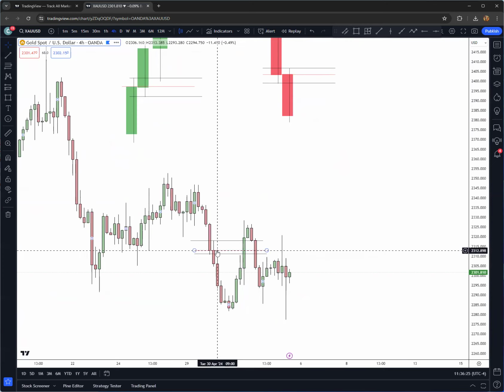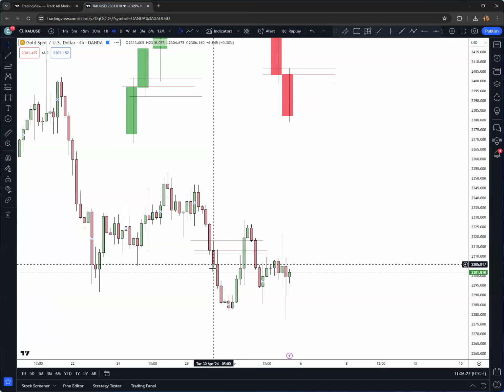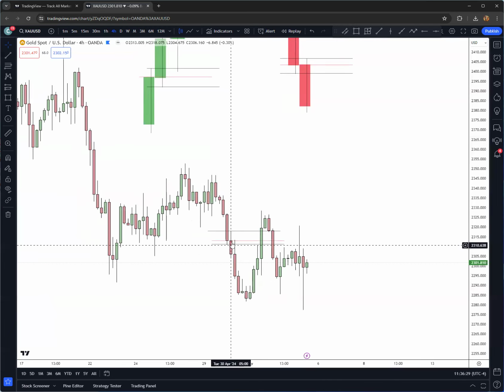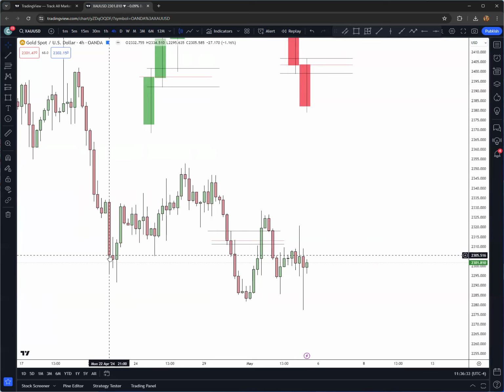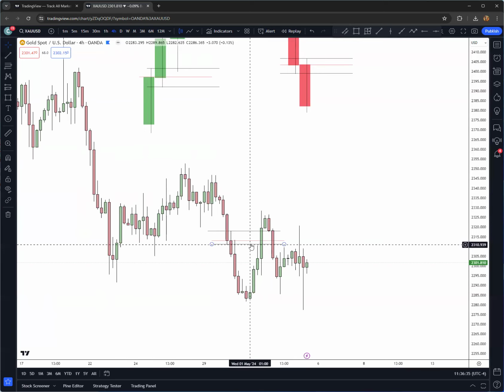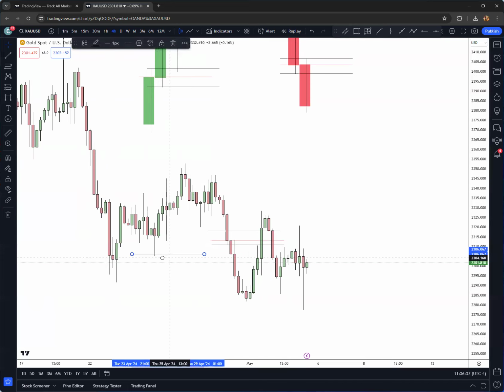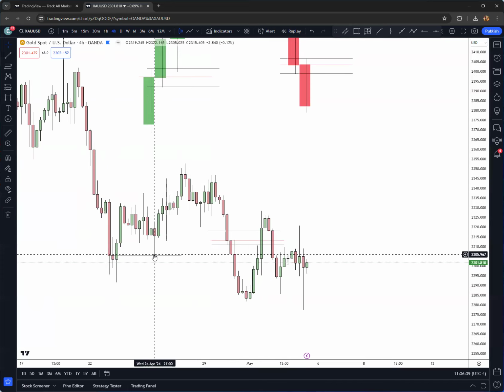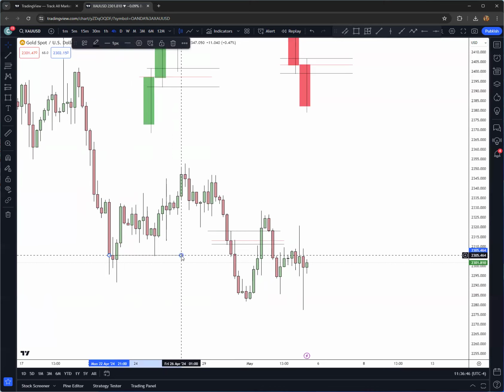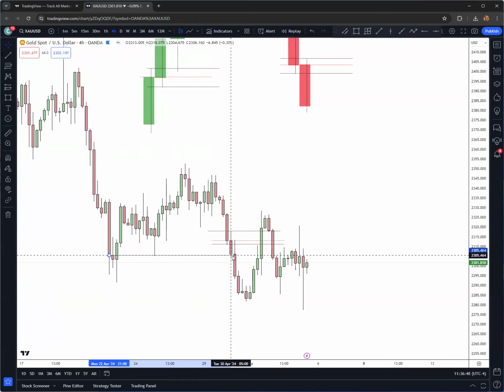Sometimes it's exactly at this area here, sometimes it's not. So let's figure out what this guy broke. When it came down, when you look over here, this is a decision. It didn't break it. It just tapped in it and respected it. So this guy, because this was a rejection off of the level, it confirmed that this area is an area that you could buy from. So look what happened when the price came.